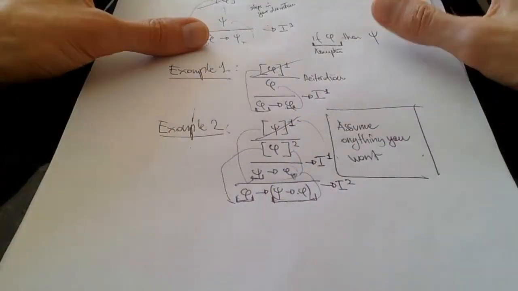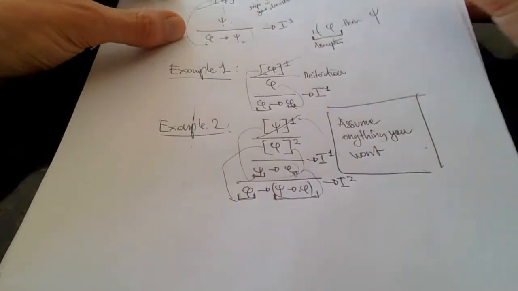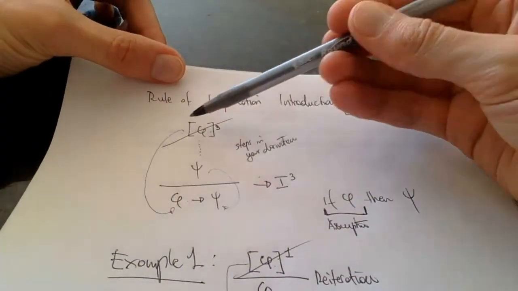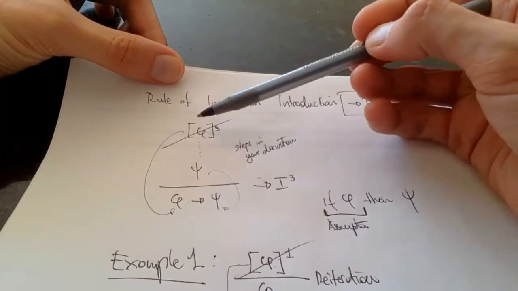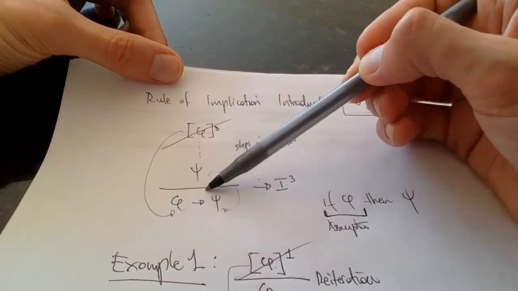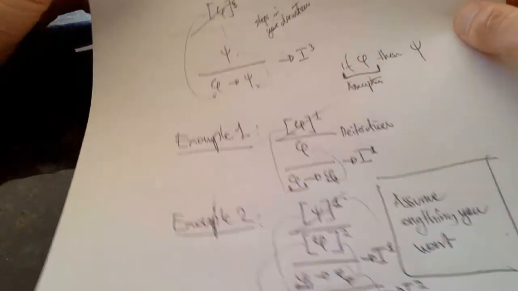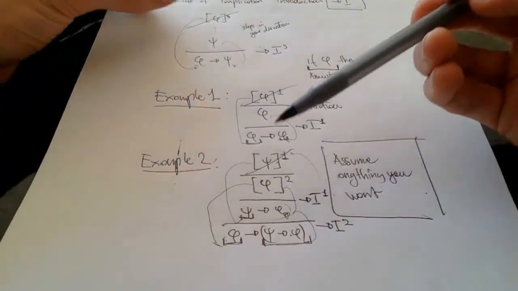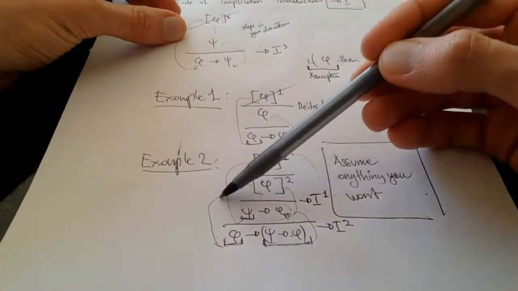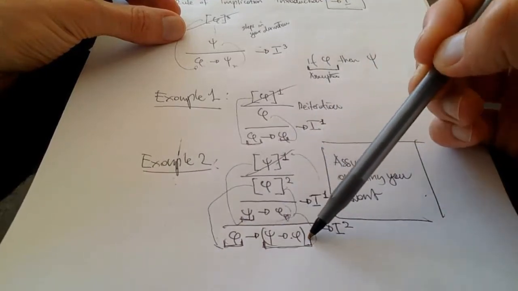But this shouldn't confuse us, because we're still using the general form of the rule of implication introduction, which is up here. We have our assumption that becomes the antecedent, and what's immediately above the line becomes the consequent of the rule. And we have the same here. Our assumption number two becomes the antecedent, and what's immediately above the line becomes the consequent.